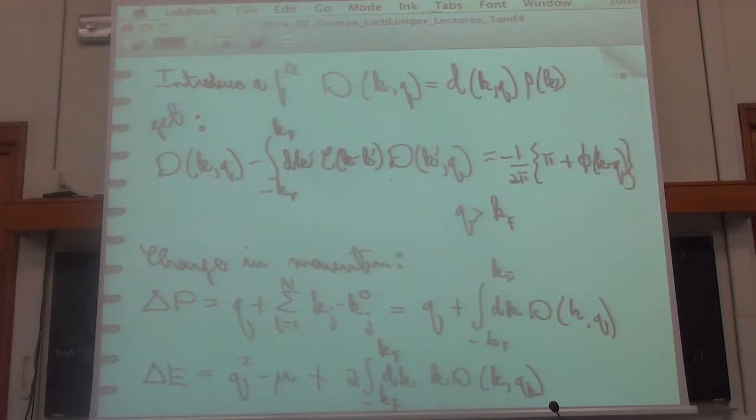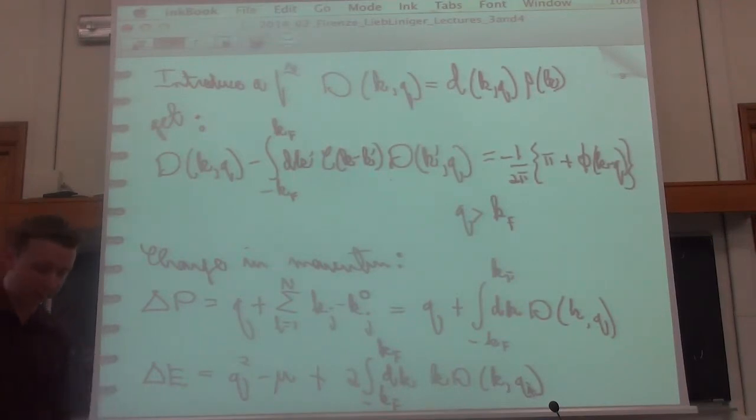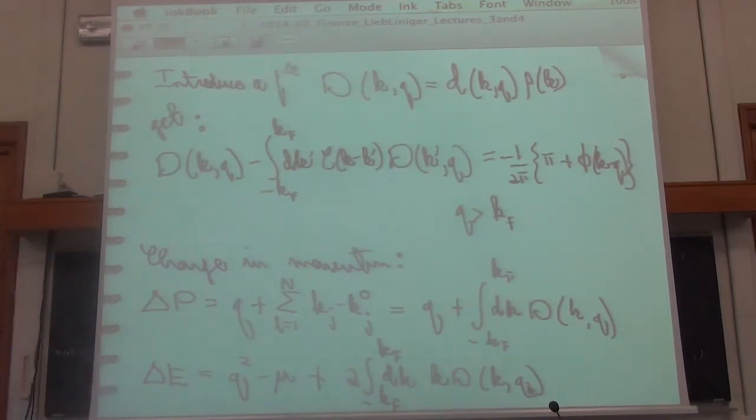And similarly, for the nth conserved charge, the change would be q to the n minus the chemical potential of that charge plus simply n times integral of k to the n minus 1 d of k. Okay? Simple as that. Okay, so now this is essentially the way you calculate basic properties of this.